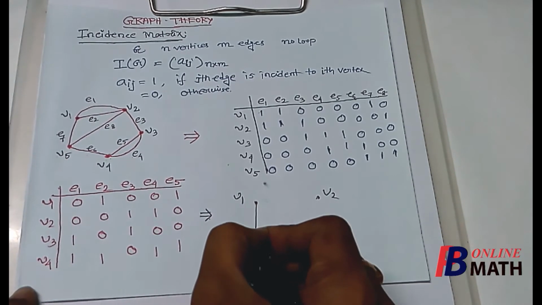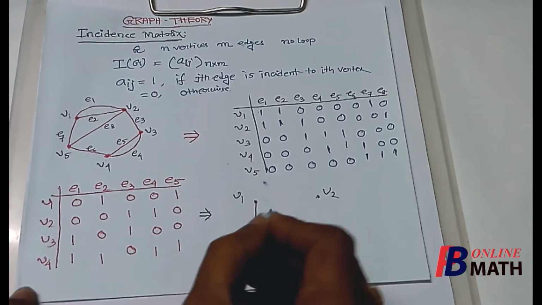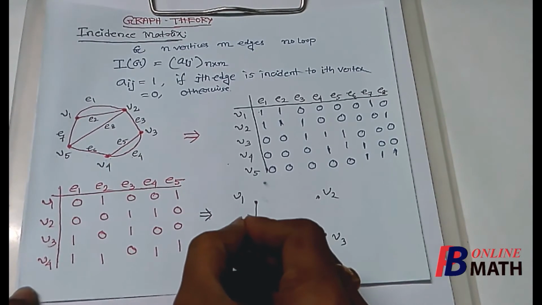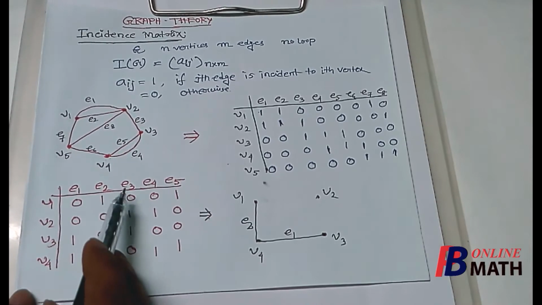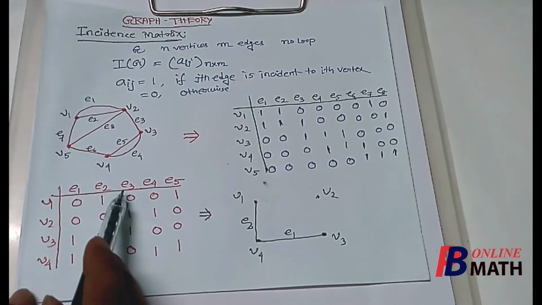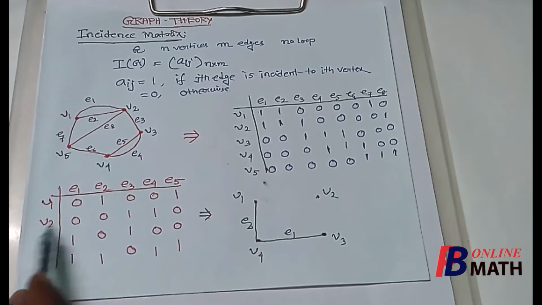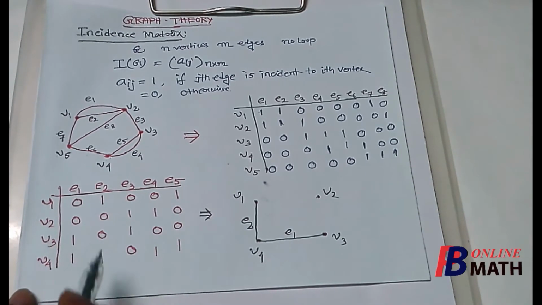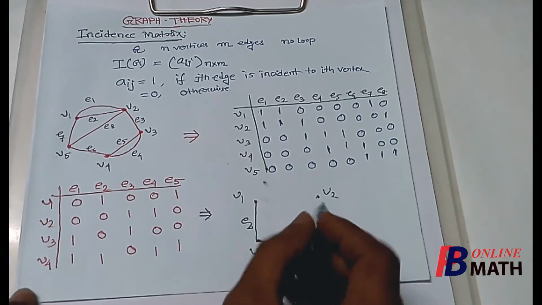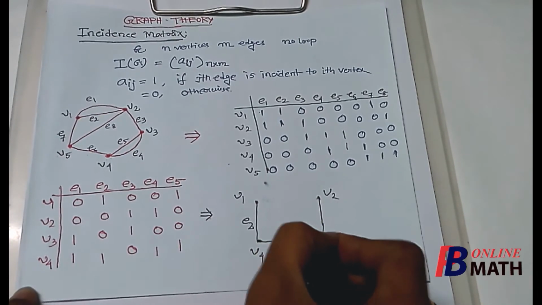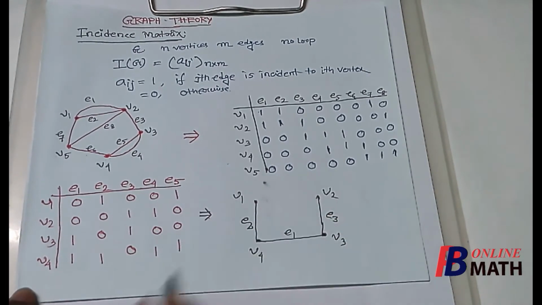So we connect V1 and V4 and we denote this edge by E2. The next one is E3. Here we find that E3 is an edge between V2 and V3. So we connect V2 and V3 and we call this edge E3.